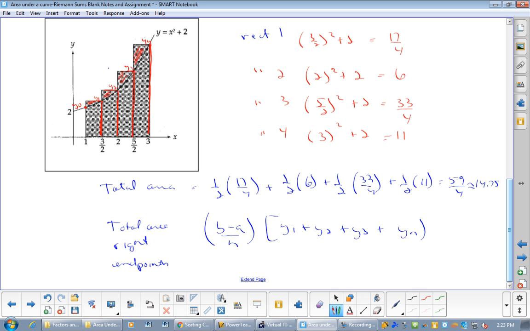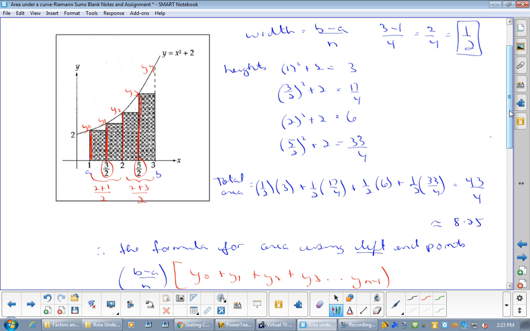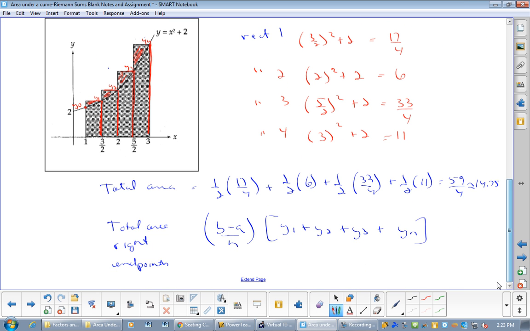Okay? So we can just look how those are a little different. We both have a y0 to y4, but in left endpoints you don't use y4, and in the right endpoints you do not use y0.